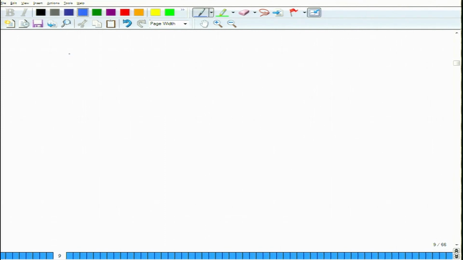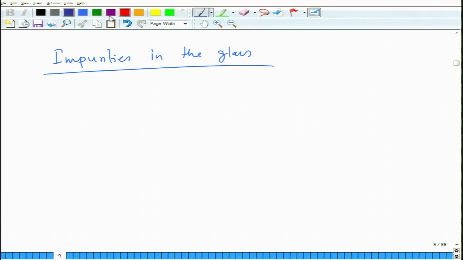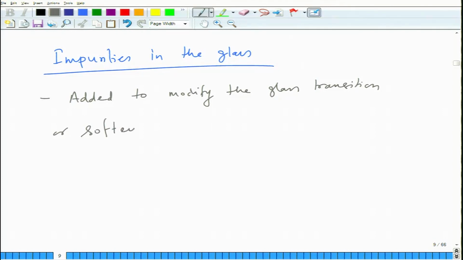So basically what you do is you have impurities in the glass, and these are added to modify the softening temperature.